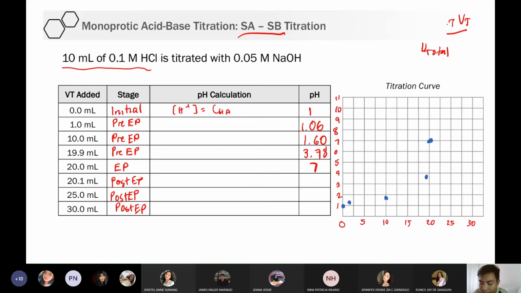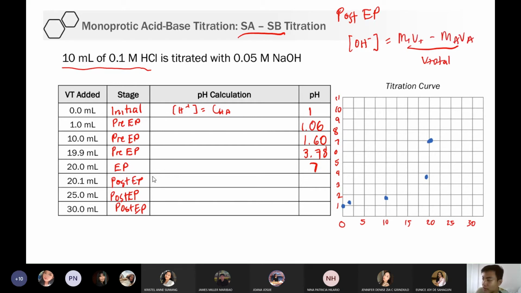At post-equivalence point, for strong acid, strong base titration, the equation to be used to solve for the excess OH is this: mole base minus mole acid divided by volume total. Or in terms of analyte and titrant, that's MTVT minus MAVA. So ano gagawin nyo?